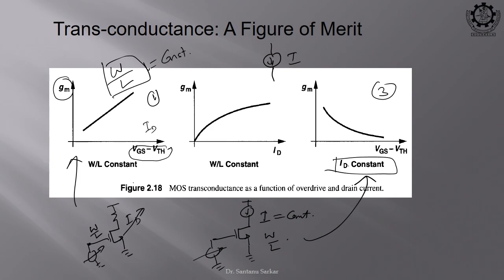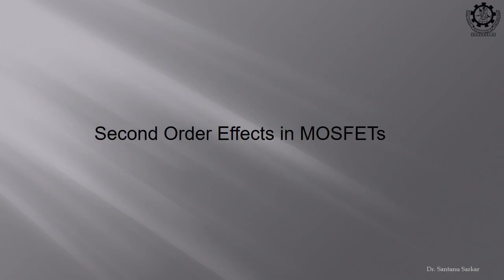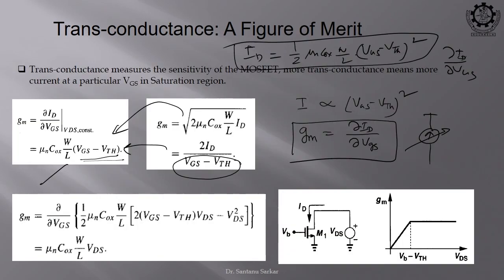So, these three are the same expressions, but depending on which one is constant and what the third variable is doing, you will get 3 different plots. Okay. So, this will actually give you hints about how your transistor is doing and how strong your transistor is.